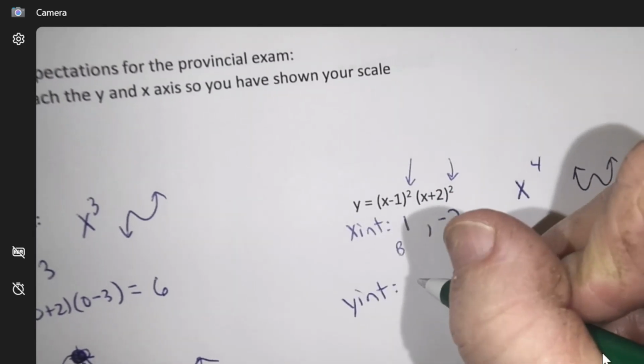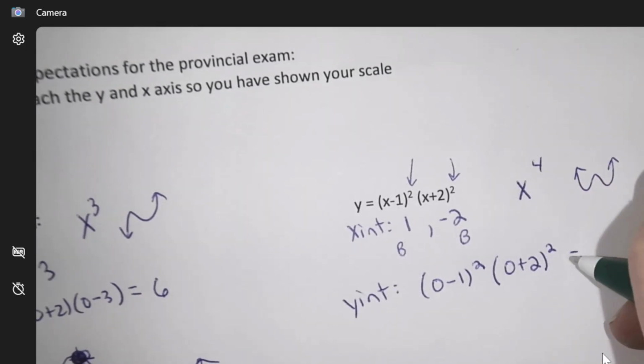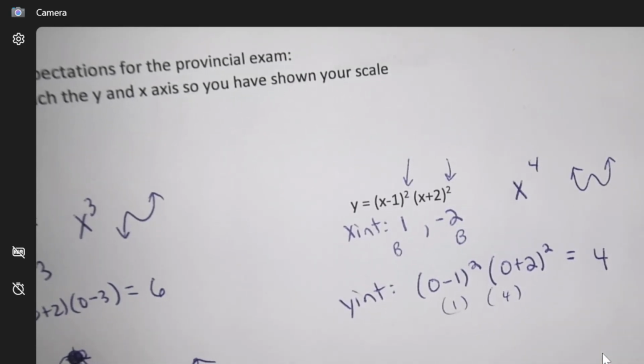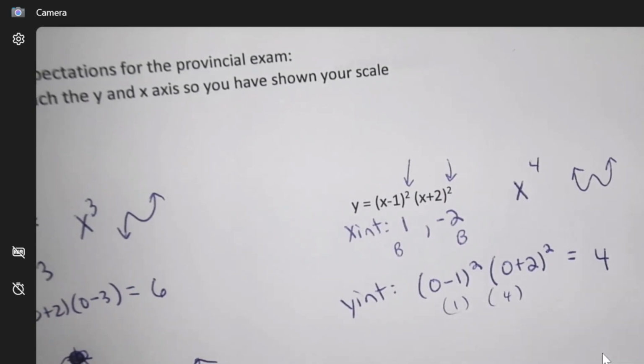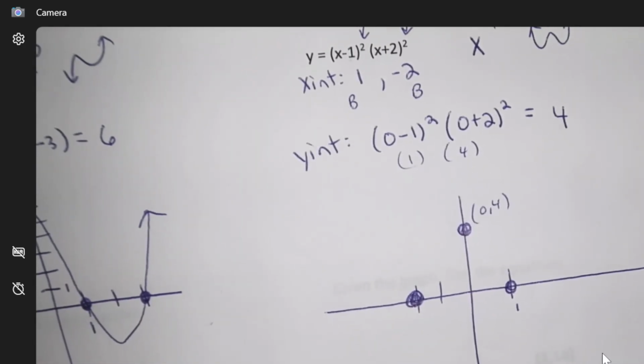Then what is the y-intercept? So what is 0 subtract 1 squared times 0 plus 2 squared? Okay, so there's my x-intercepts, my y-intercept.